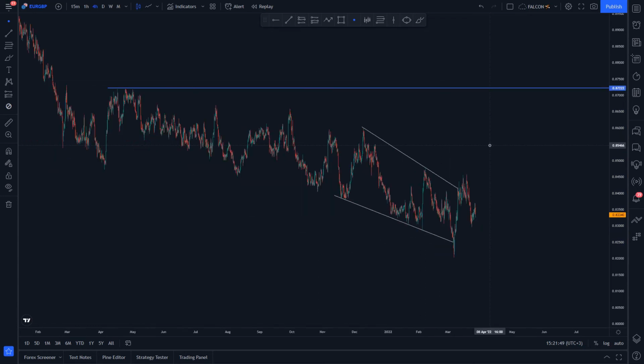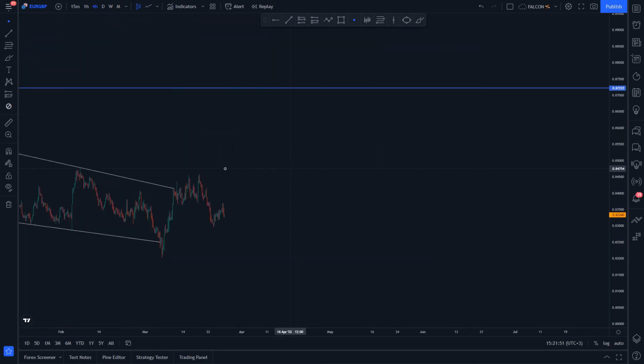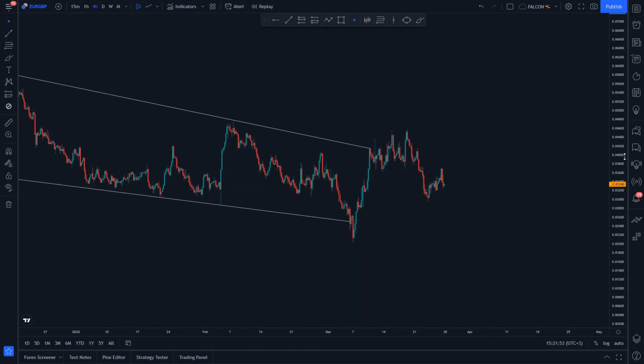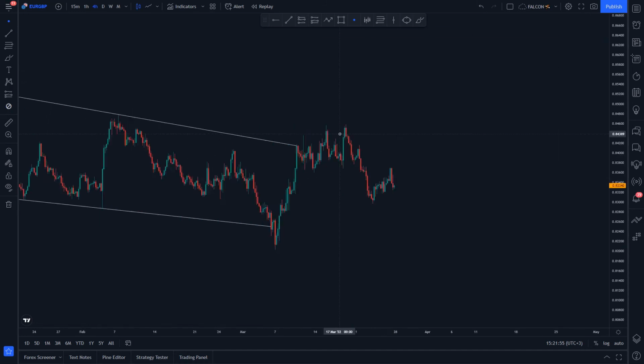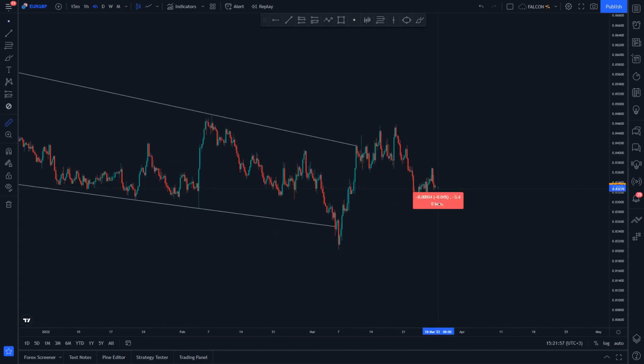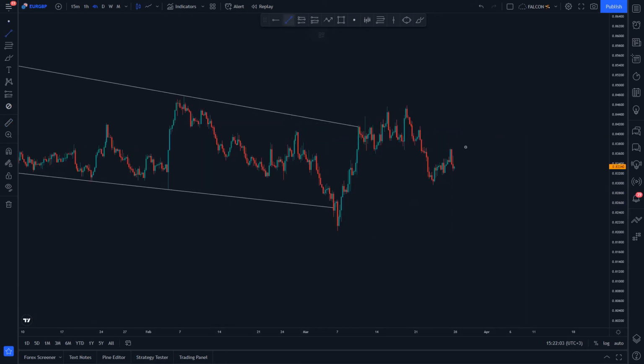Okay, because currently you can take a short sell trade, because you can see there is a potential of around 80 pips. So you can take a short entry of a sell here, after this correction.